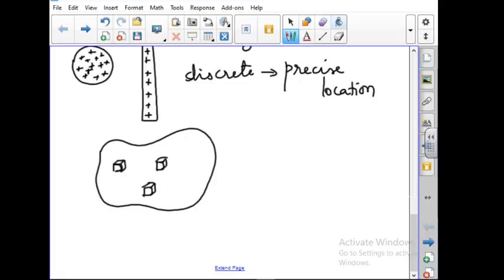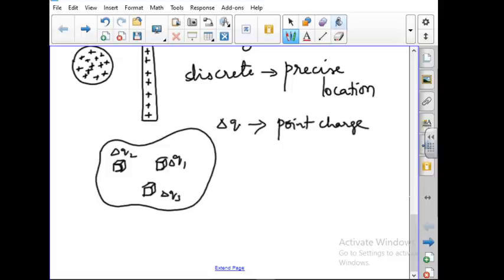Like that, they are taken as delta Q1, delta Q2 and delta Q3, like that. We have to divide them into charge elements, and each charge element delta Q is assumed to be a point charge. So this charged object consists of an infinite number of charges, but we divide them into charge elements, and each charge element is considered to be a point charge.